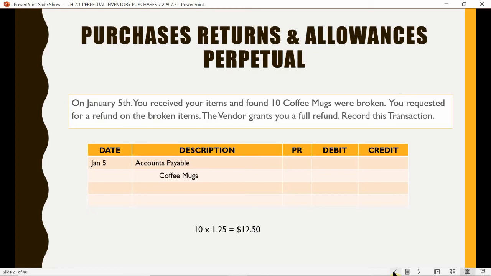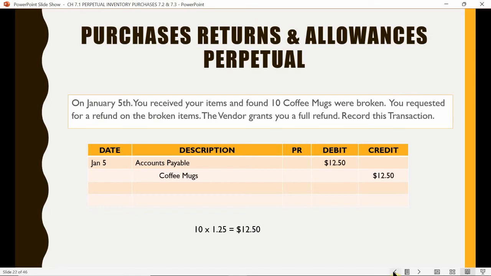So in this case, 10 times $1.25. You can't include freight. We can never include freight for any returns. Just because this is perpetual inventory, it still doesn't make a difference. You're going to calculate it by cost per cup. So the cup cost me $1.25 each. So 10 times $1.25 gives you $12.50.